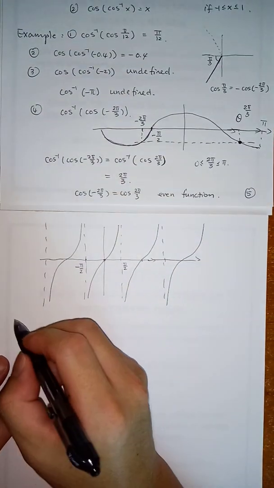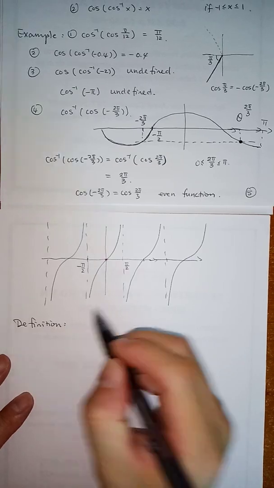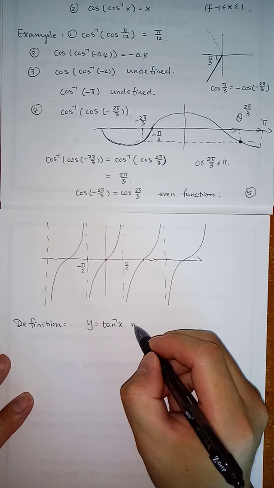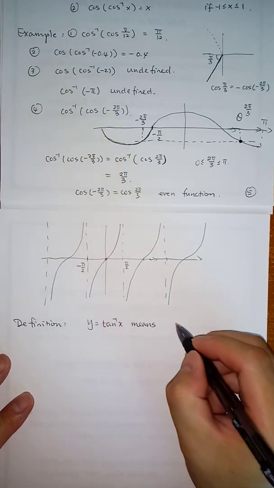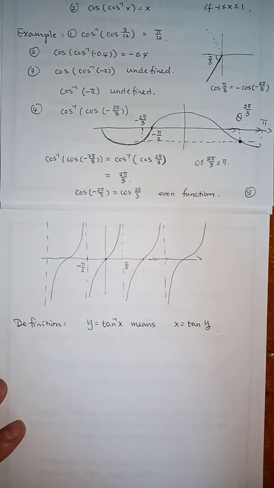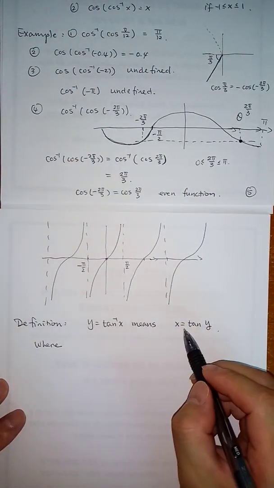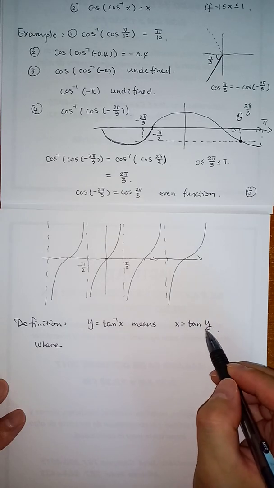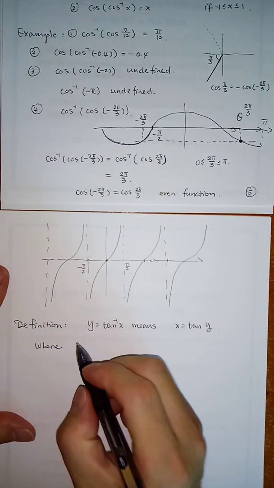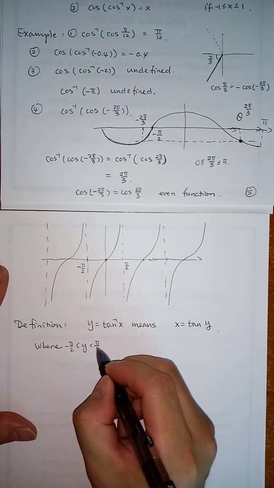So we have the definition: y is tangent inverse of x means x is tangent of y, where y is between negative pi/2 and positive pi/2.